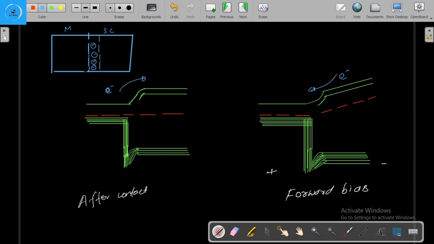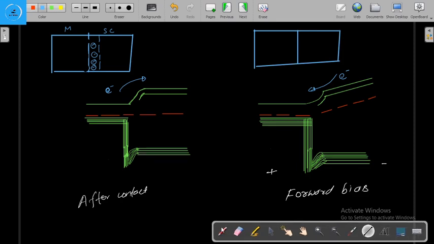Now when we are applying the forward bias, what happens? This is the metal and this is the semiconductor. For forward bias we have to apply plus here and the negative terminal here.